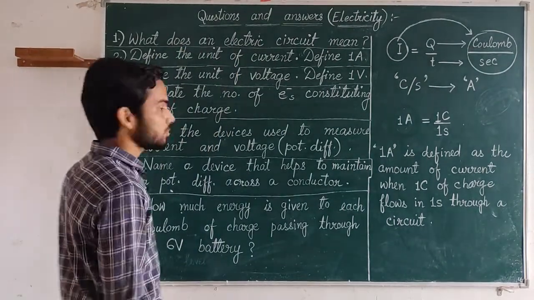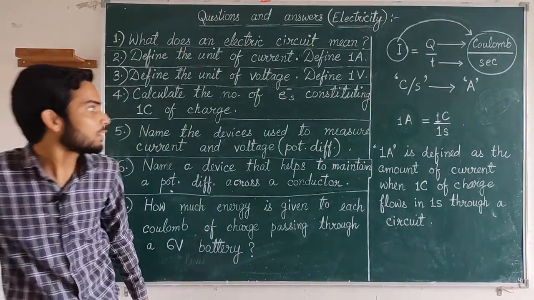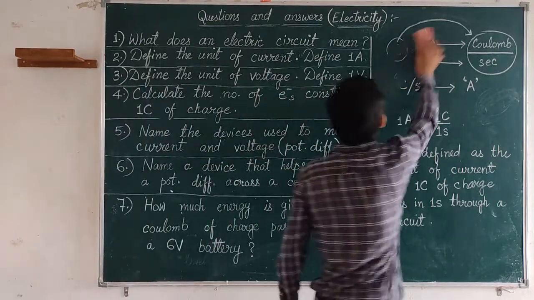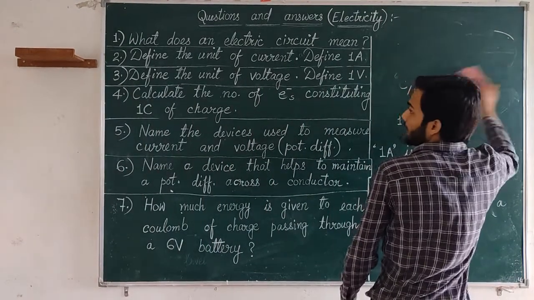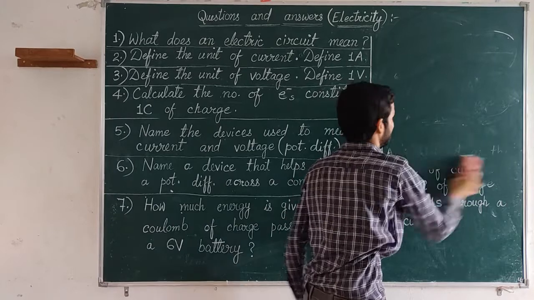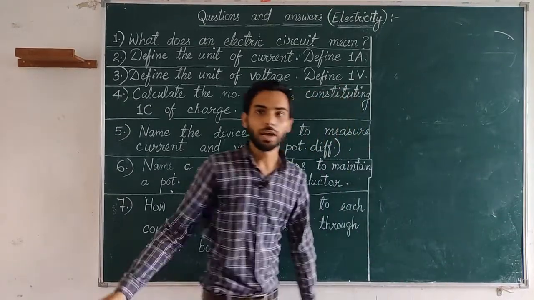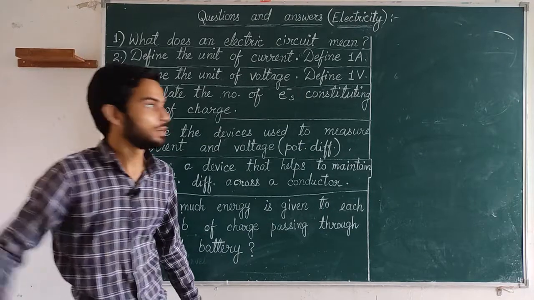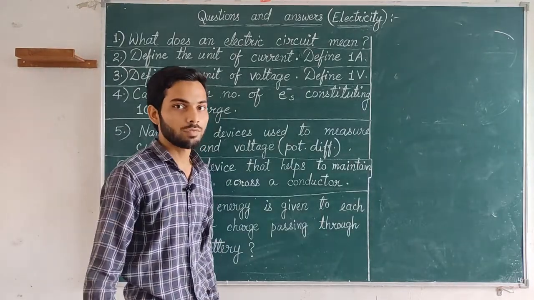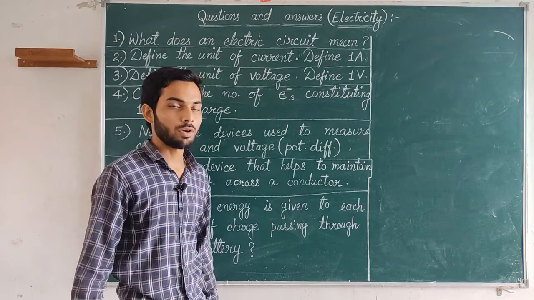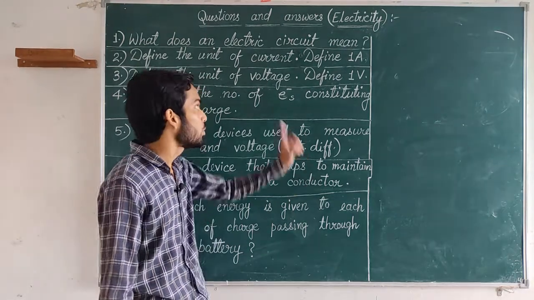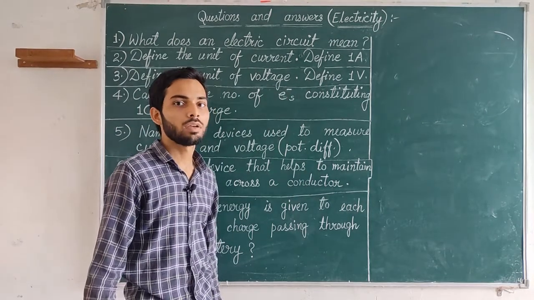Now coming to the third question. The third question is, define the unit of voltage. I taught you the concept of electric potential difference, which is also known as voltage, and you also learned the formula of voltage or potential difference.